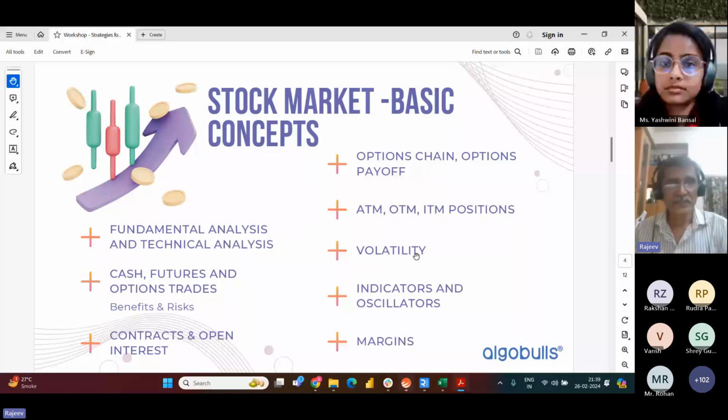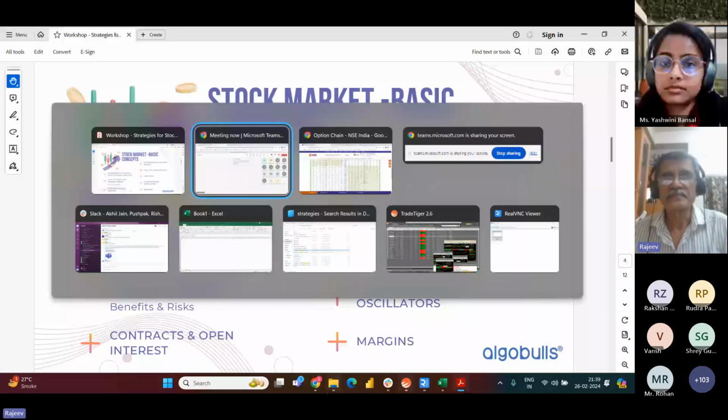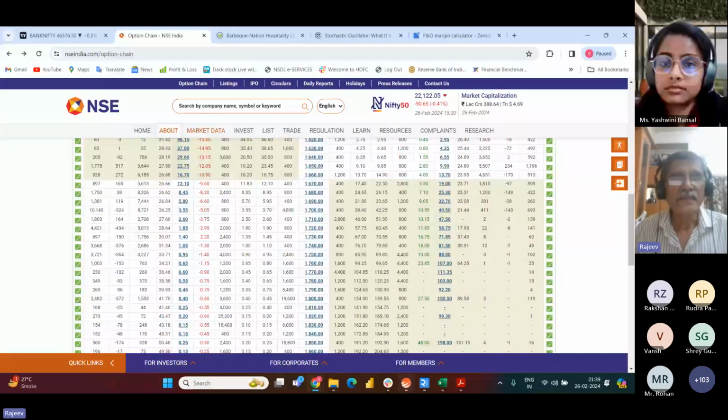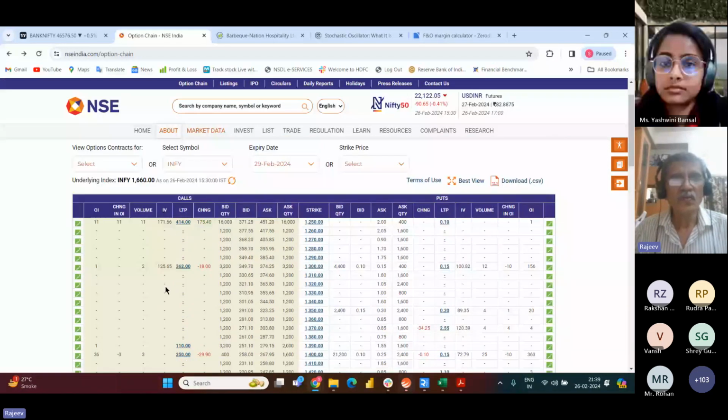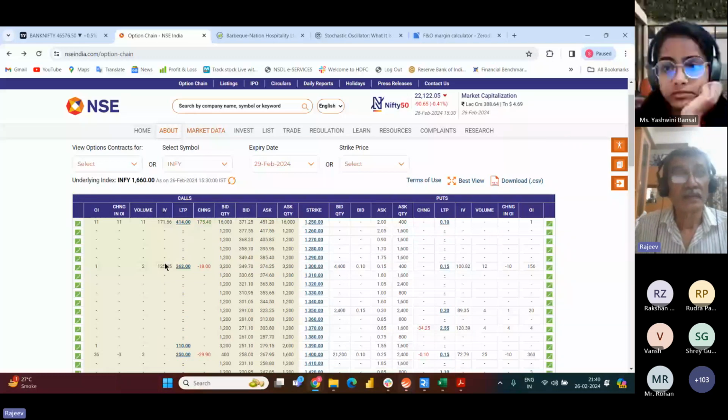Other than that, there is IV, which is part of the options chain again. Here, if you see the top headings, this column is volatility.